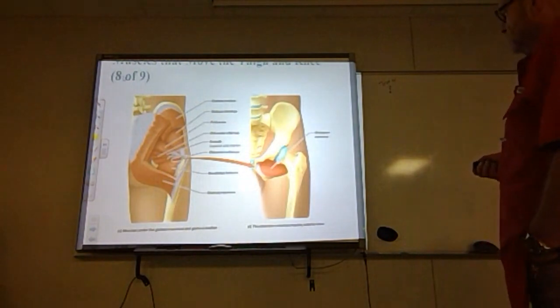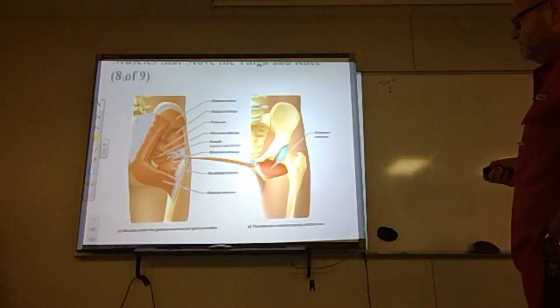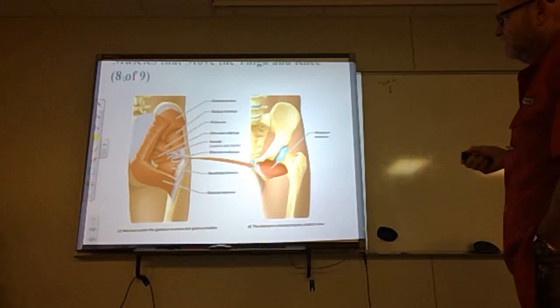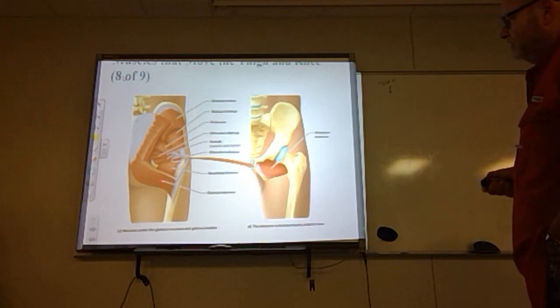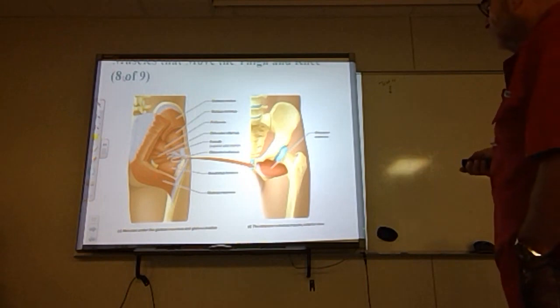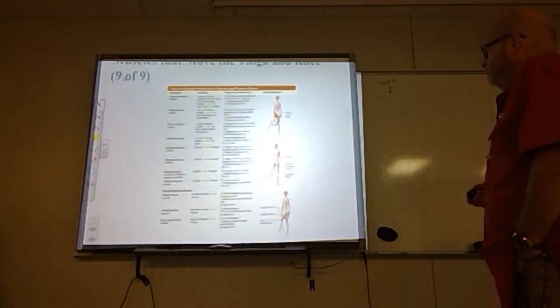The deep muscles: there's the obturator externus, there's the quadratus femoris, and the gluteus minimus can now be seen because the gluteus medius has been cut and reflected away. There's the gluteus maximus. So there are all of the deep muscles that control hip movement.